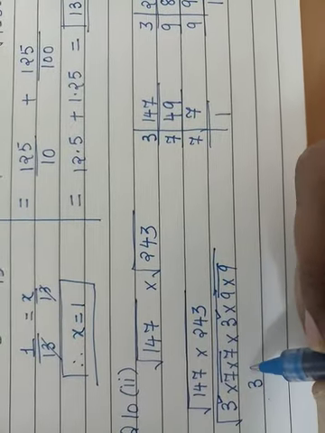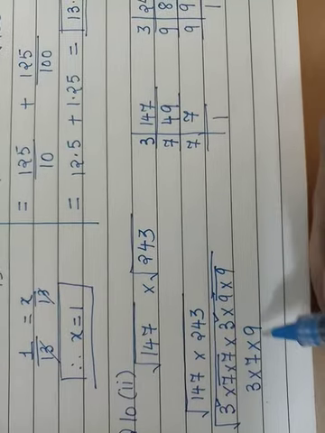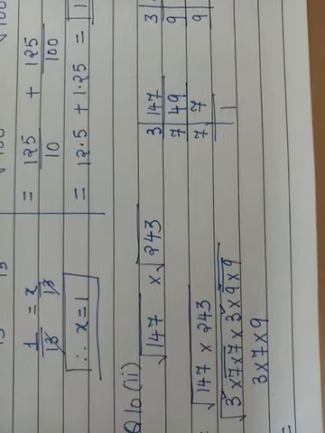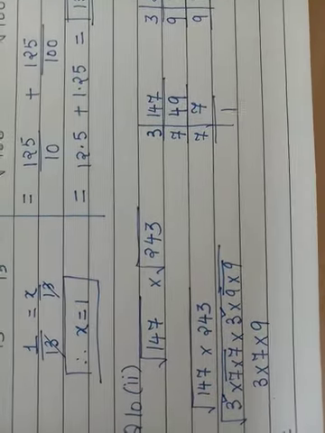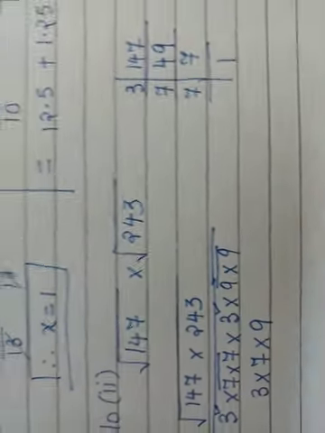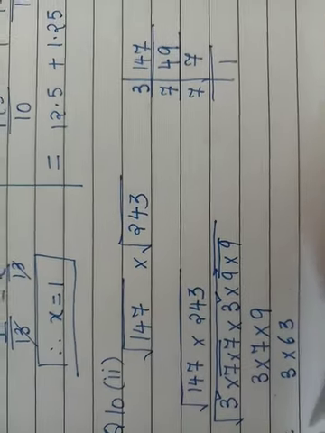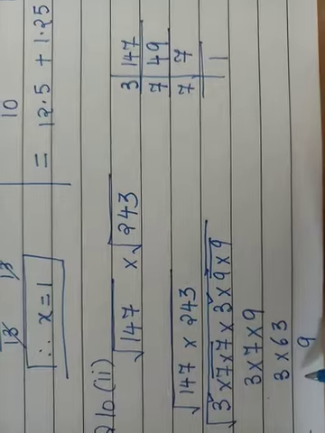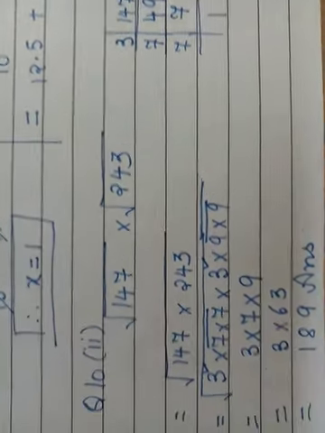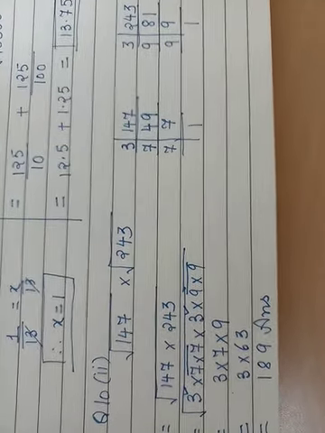So one number from the pair of 3, 7 and 9. Multiplying, 7 9s are 63. 63 into 3, that will give you 3 3s are 9, 3 6s are 18, 189 is the answer. Children, hope you have understood how to do question number 10.